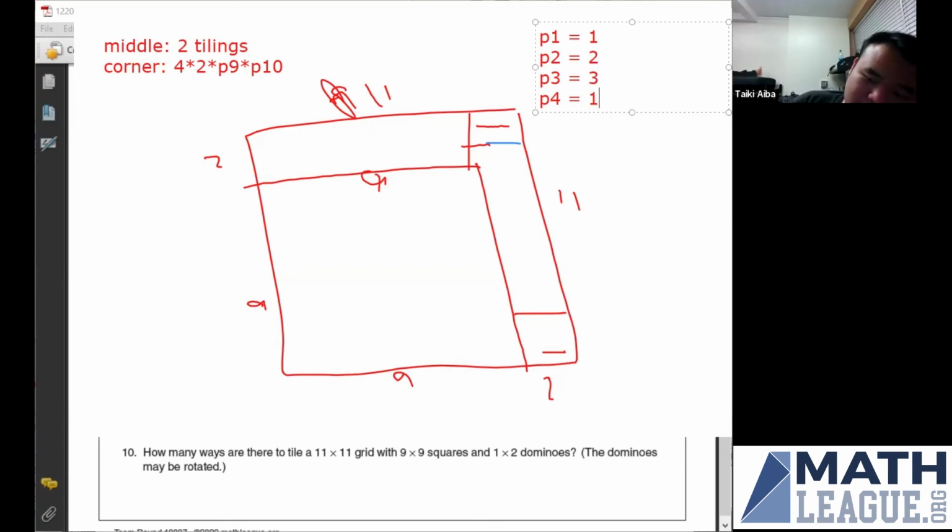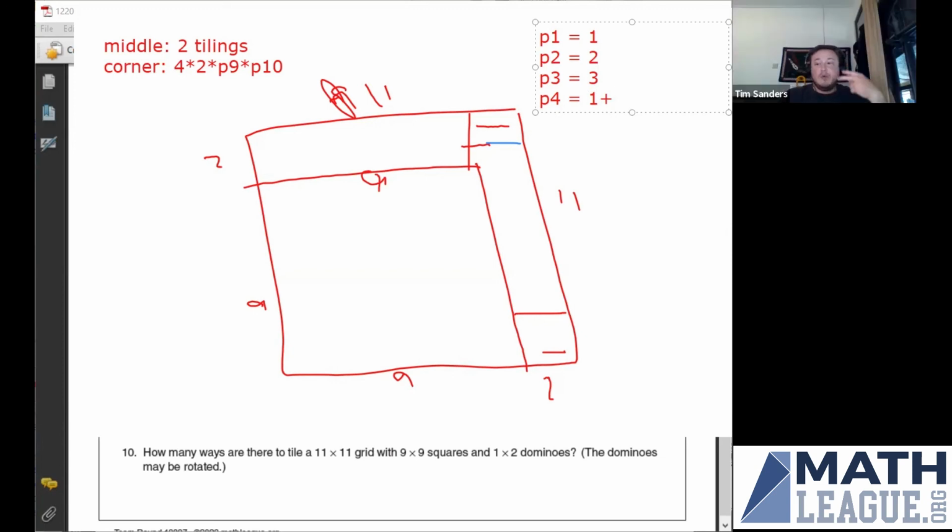If I have a pair of horizontals together with 2 verticals, that's a 3 choose 2 situation, so that's a 3. I could have 2 pairs of horizontals, and that's a 1. 1 plus 3 plus 1 gives me a 5.